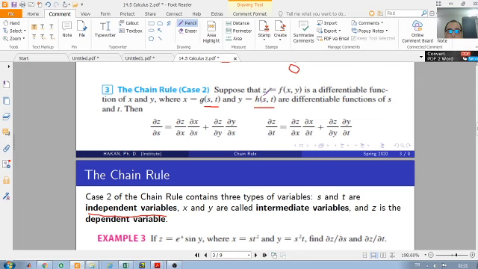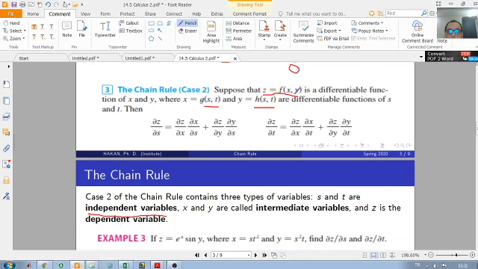Therefore they are called intermediate variables, and z is the dependent variable. Of course it depends on x and y, and also on the variables s and t.